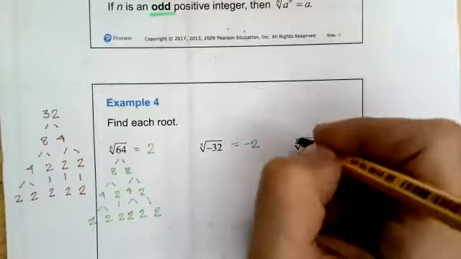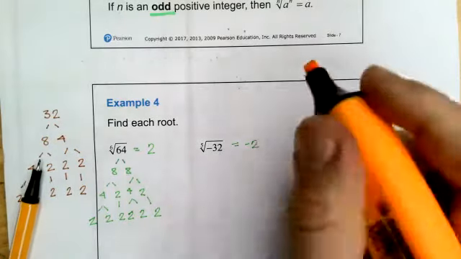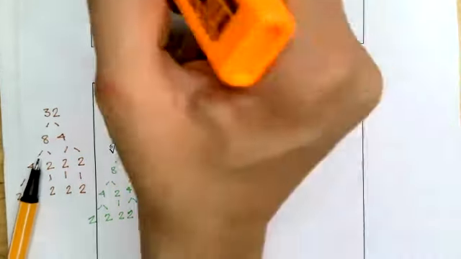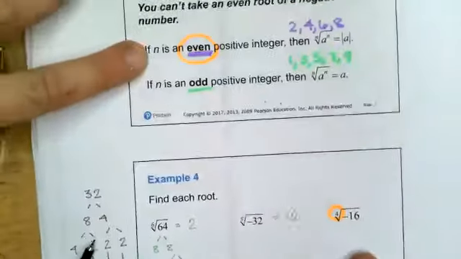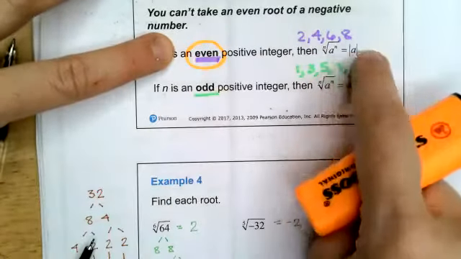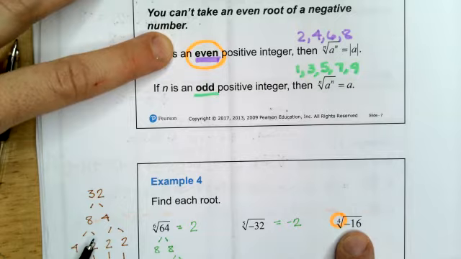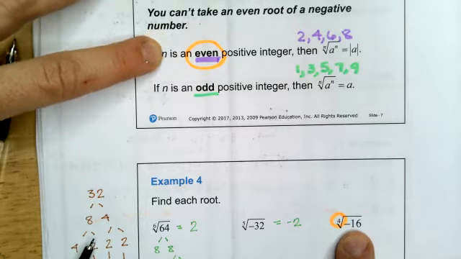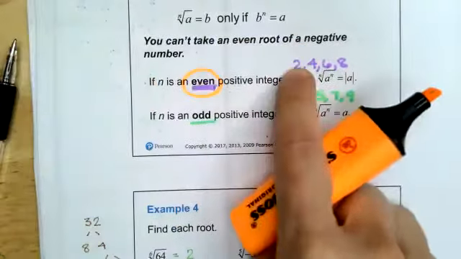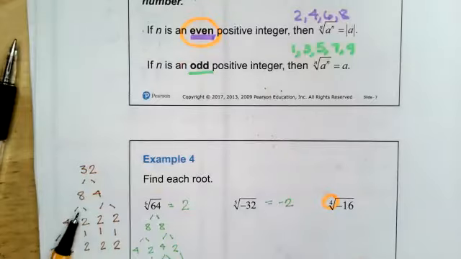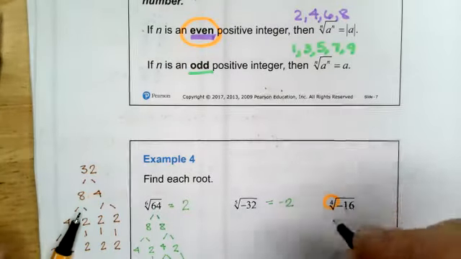Here we see a 4, which is an even root, right? And we have a negative number. You can't take an even root of a negative number, so we say that this is imaginary. There is no real number.